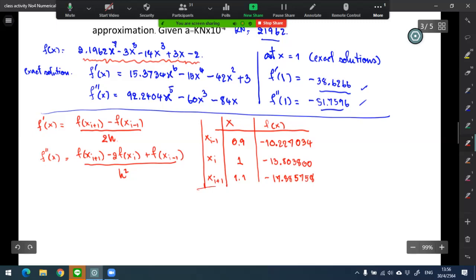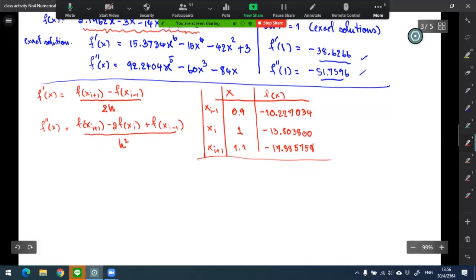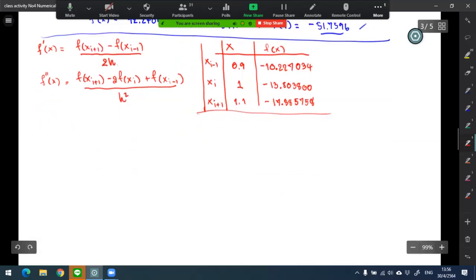Okay, we already have the values. So we will approximate the first derivative and second derivative from these values, okay? So for the first derivative, what is it? Okay, please wait a minute.